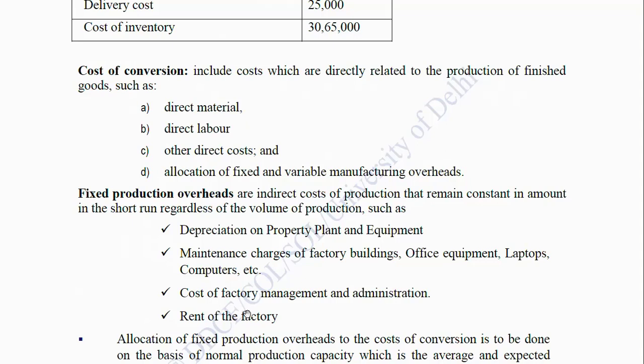Fixed production overheads are indirect costs of production that remain constant in amount in the short run regardless of the volume of production, such as depreciation on property, plant and equipment, maintenance charges of factory building, office equipment, laptops, computers, etc., cost of factory management and administration, rent of the factory.